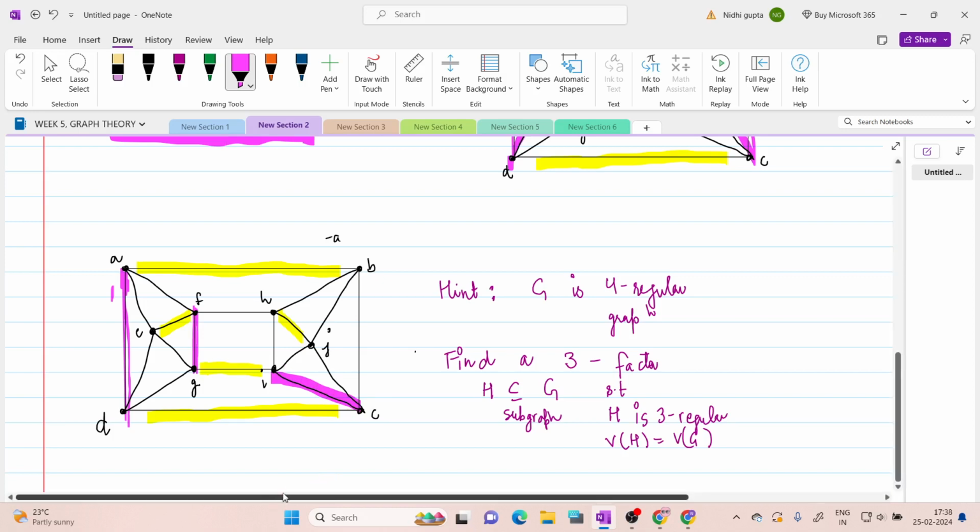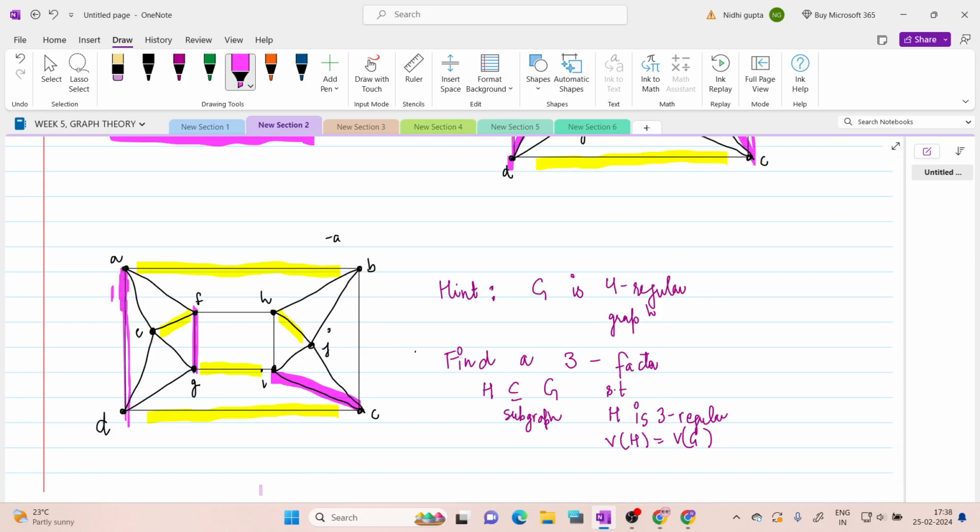Then you remove JI. But if you remove JI, then the degree of I will be 2, right? Yes. So you can't remove IJ.